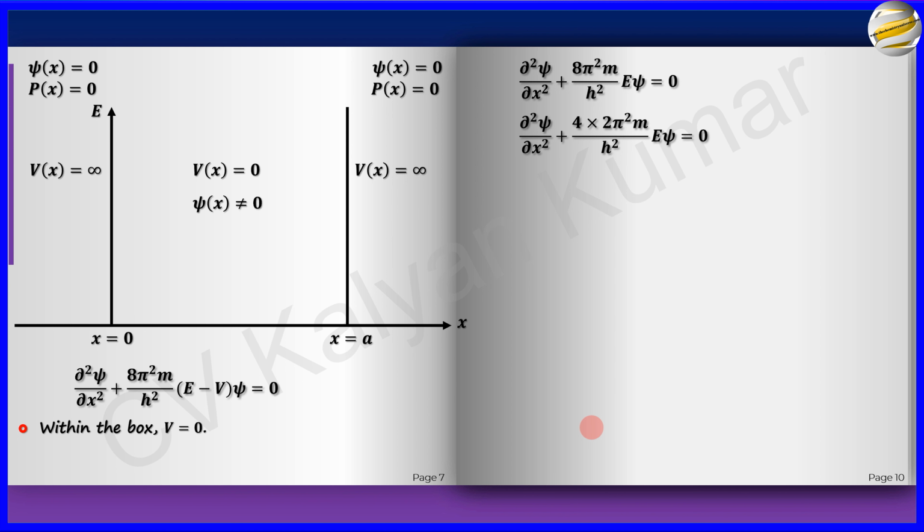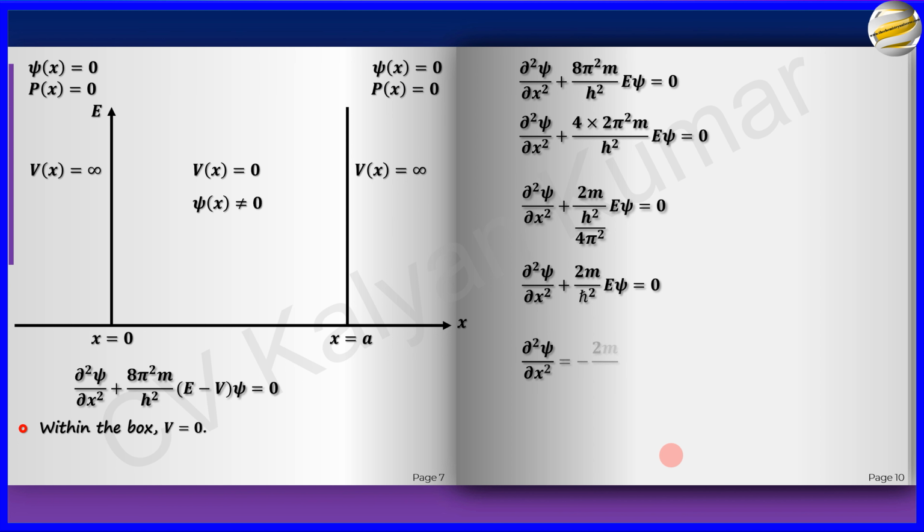So I'm going to take this 4 as well as this pi square downstairs. Can you see this? I hope you are able to understand each step. And I call this h bar. Remember, h by 2 pi is h bar. So I write it as this. And therefore d2 psi by dx2 is negative 2m upon h bar square E psi.